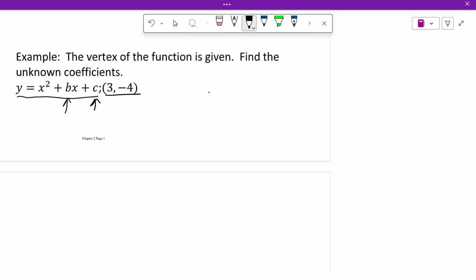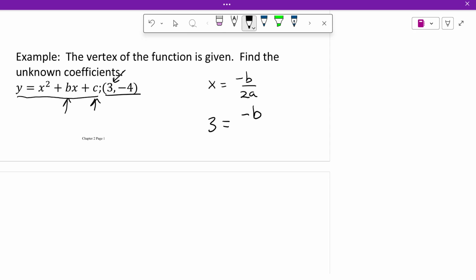Well, let's remember, the x value of the vertex is negative b over 2a, correct? Do I have enough information to find out what b is right now? I sure do.